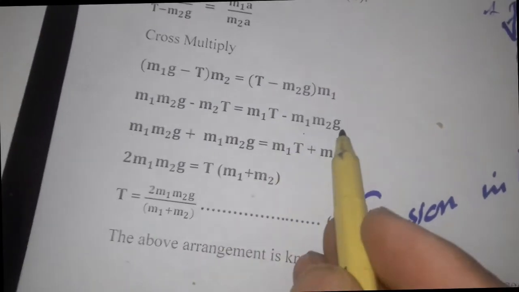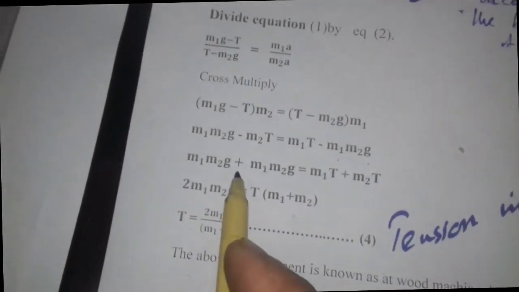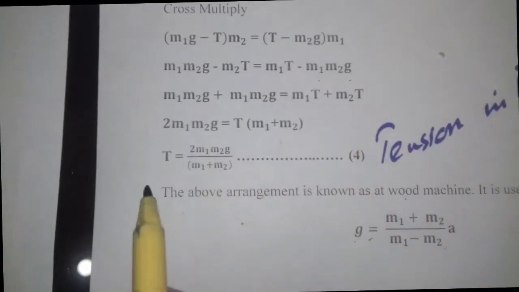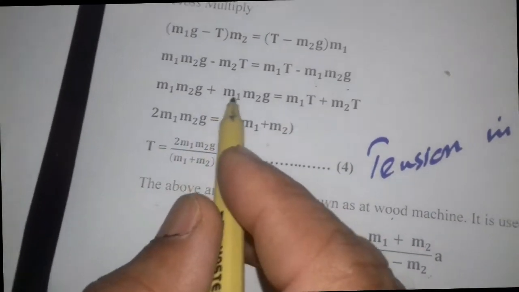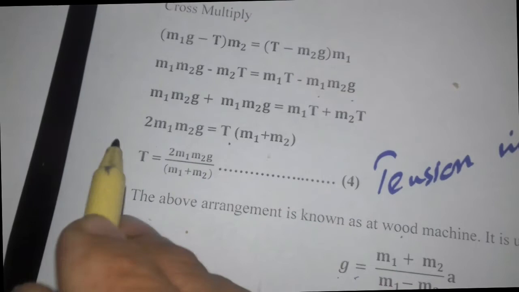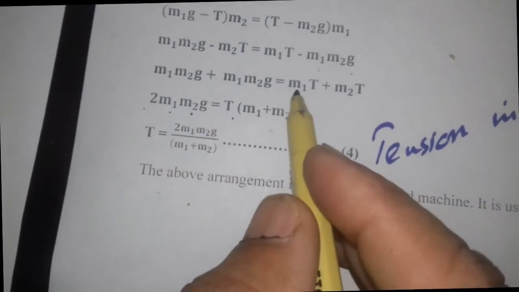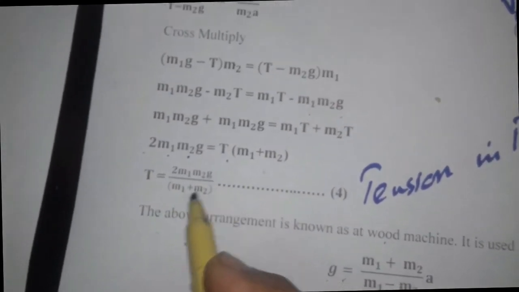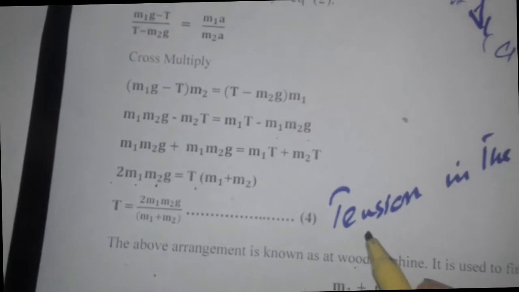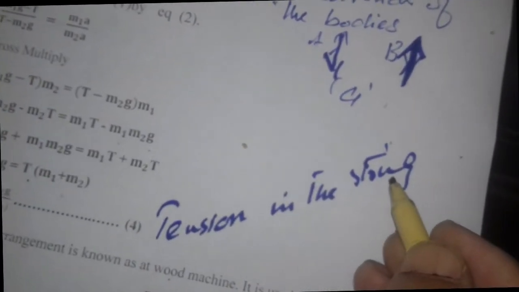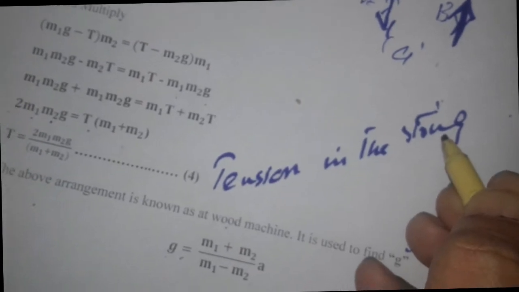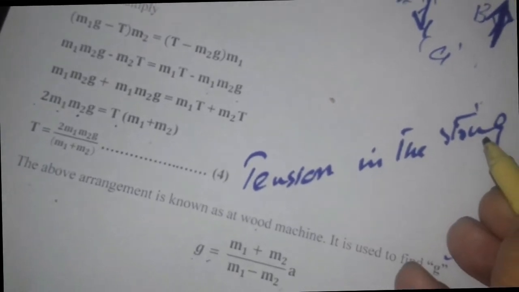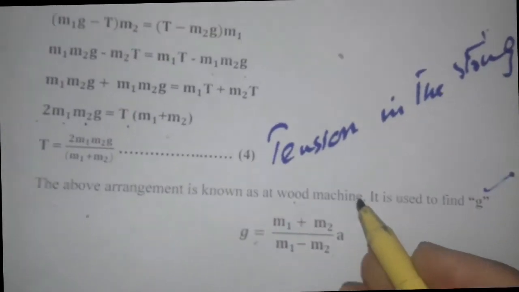We pick the m1m2g terms on one side, which will be positive, and the T terms on the other side, and again we take common and sum up these two terms: 2m1m2g, and T common. Here T equals 2m1m2g divided by (m1 plus m2), which is the tension in the string when both bodies are moving vertically, body A downward while body B upward with the same acceleration.